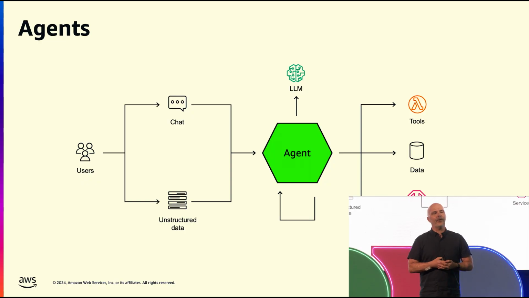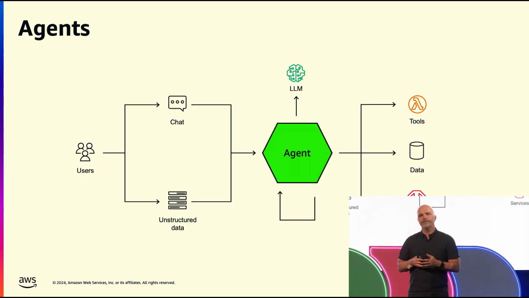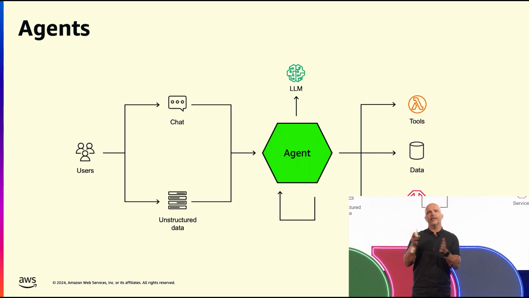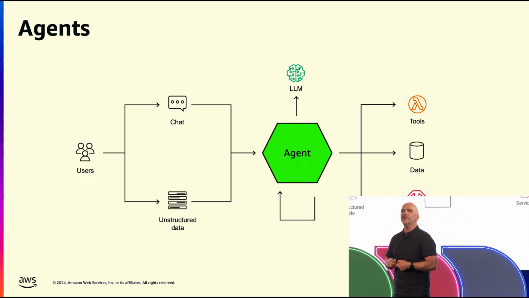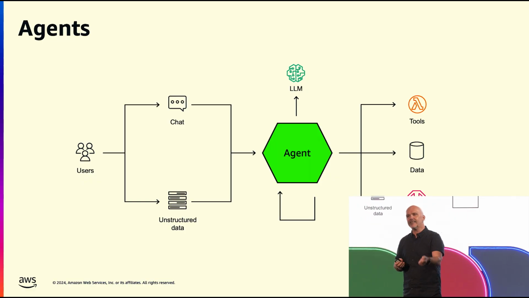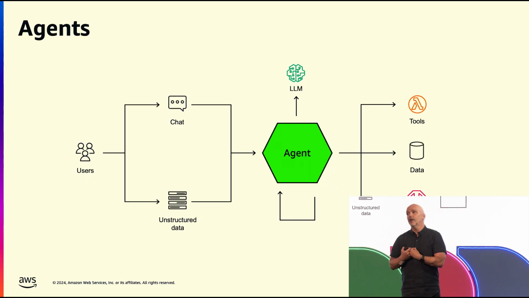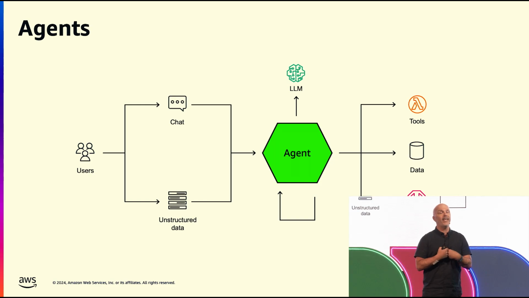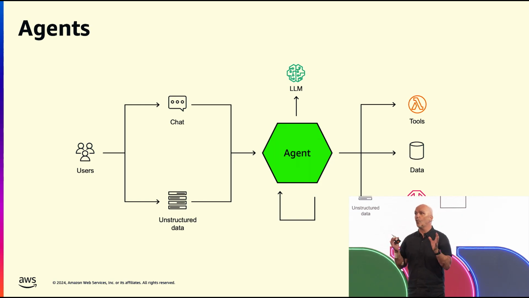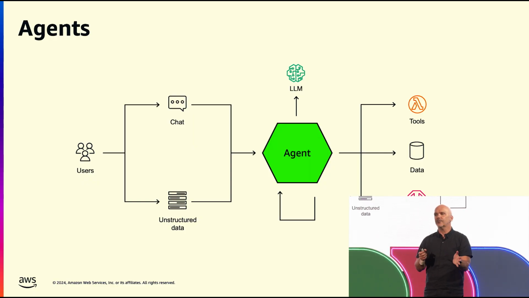And so if you think about agents as a workflow, this is the key part, the key components left to right. You have a user interacting with your agent, either via chat or by sending it some unstructured data. Agents will ingest both of those. The agent itself, as I said before, is an orchestrator, right? So it brings in the task as part of the chat or as part of the unstructured data and orchestrates the outcome.